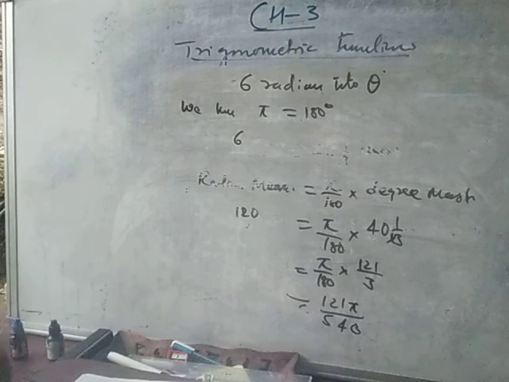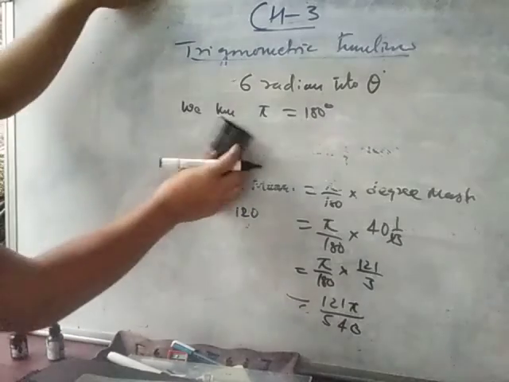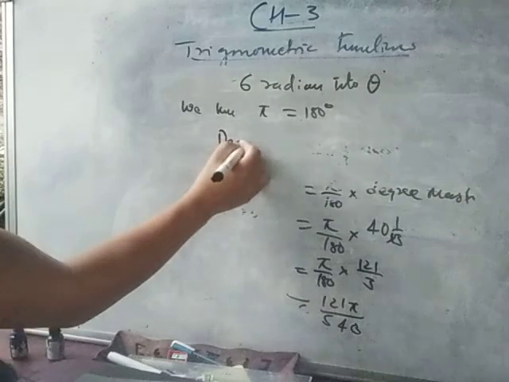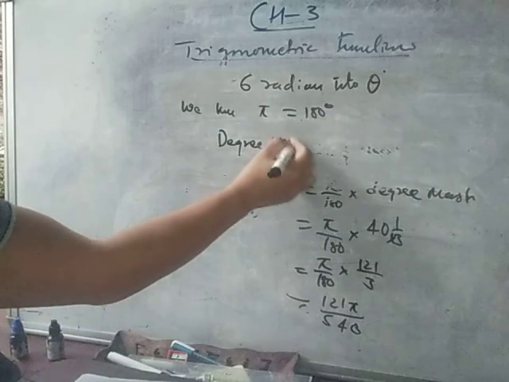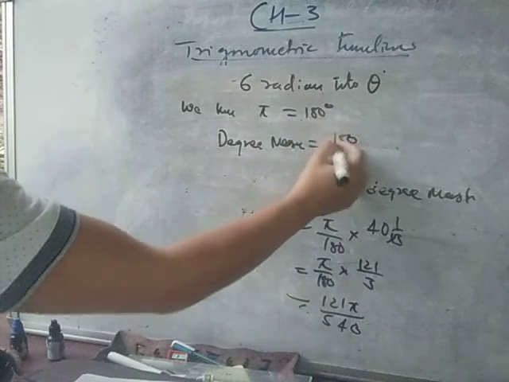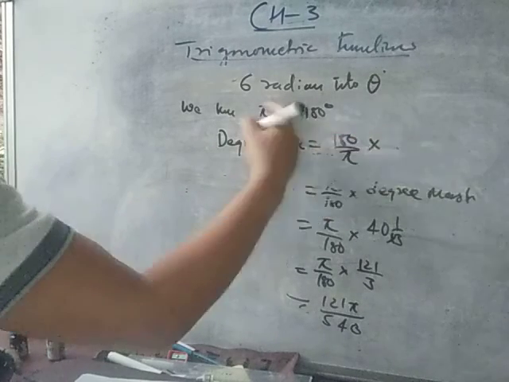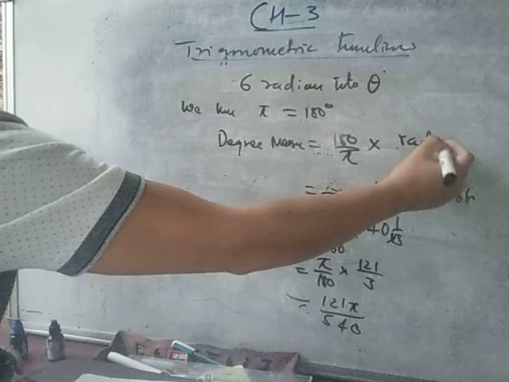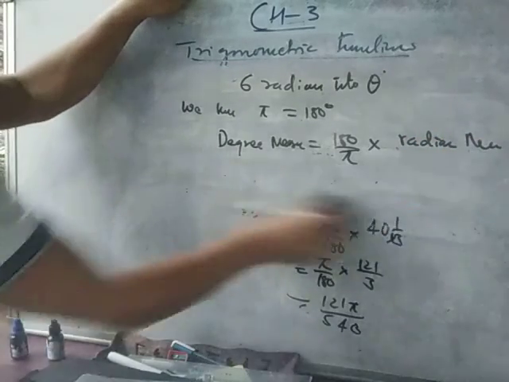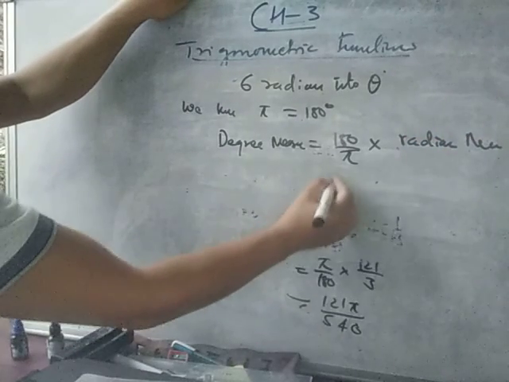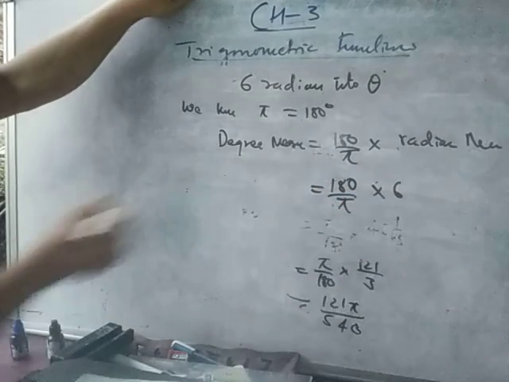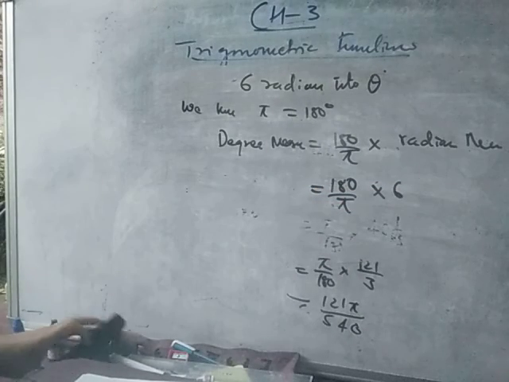Degree measure, write degree measure equals to how much? So 180 by pi into radian measure. So how much will you get? 180 by pi into 6, isn't it?